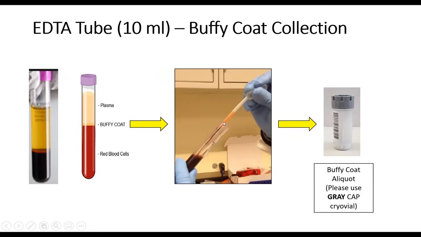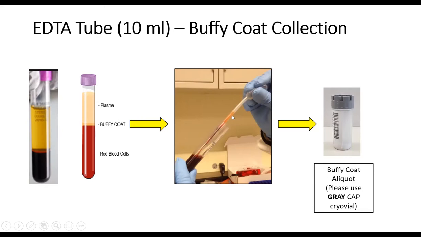And I think this is a really helpful picture for the buffy coat, because one of the really key things is when you're drawing off that buffy coat layer, you will get some of the RBCs that are below the buffy coat, and we expect to see that. So when we get that buffy coat, we expect it to be definitely pink, if not red.